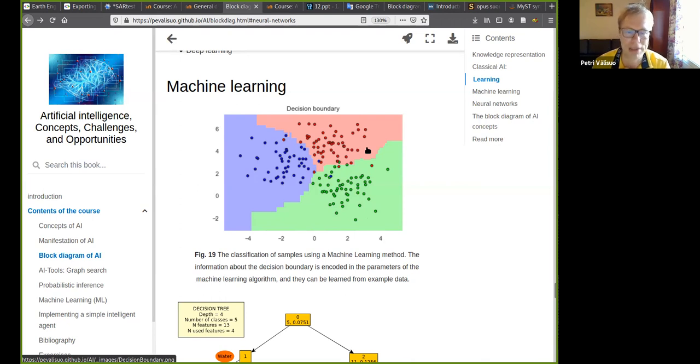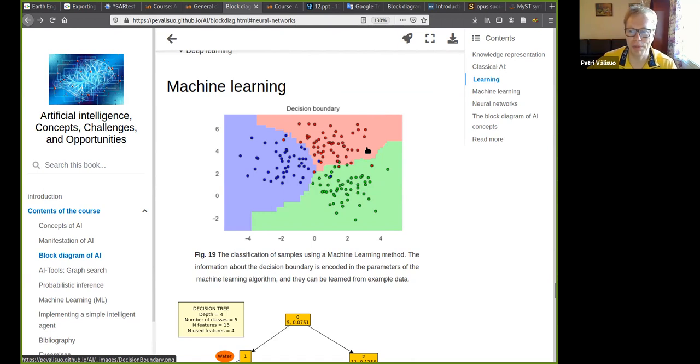But in a real case, you can have, of course, more dimensions, but it's just difficult to describe or draw here. For example, you could have 100 different features, and then you would do the same in a 100-dimensional space, and the decision boundaries would be like hyperballs in 100-dimensional space.